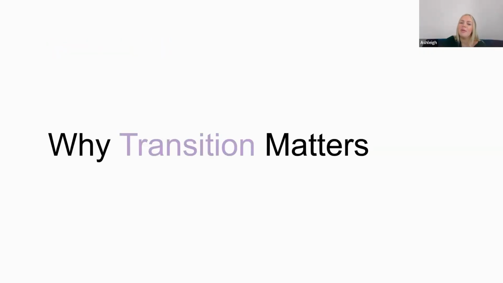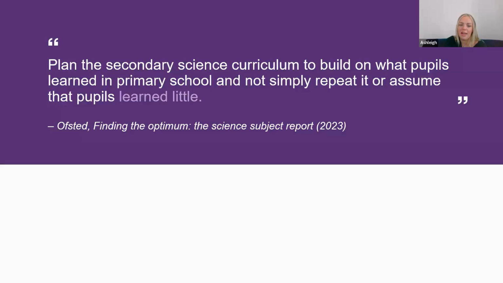So I'll begin with why transition matters. And I'm starting with a quote from Ofsted from the Science Subject Report 2023, which I'd argue is still very current. So the quote is, "Plan the secondary science curriculum to build on what pupils learned in primary school and not simply repeat it or assume pupils learned little."